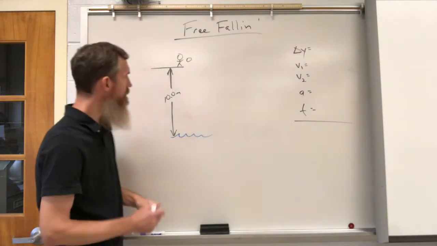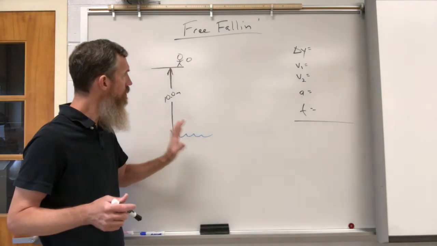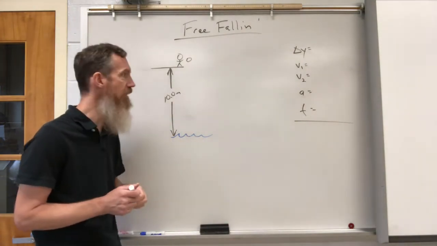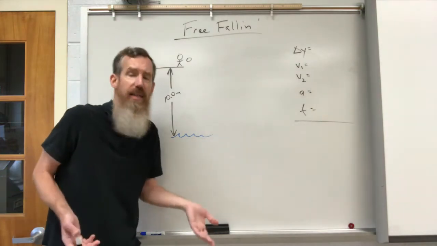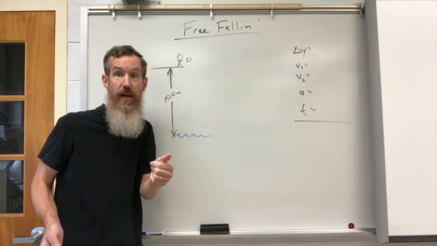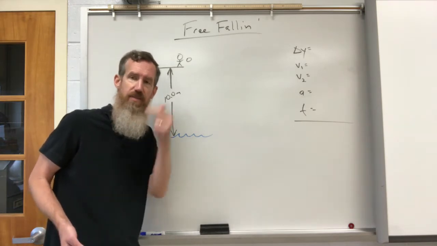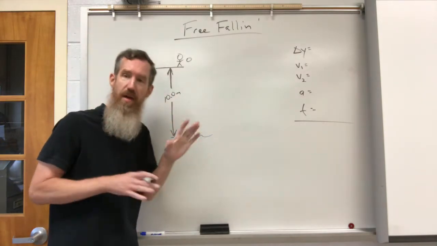Now, that's important because we know it's going to fall, and we know the acceleration is going to be 9.81. We're assuming that this is on Earth. The problem doesn't say otherwise. So if the problem doesn't say otherwise, you're on Earth, and you're going to assume there's no friction due to the air.